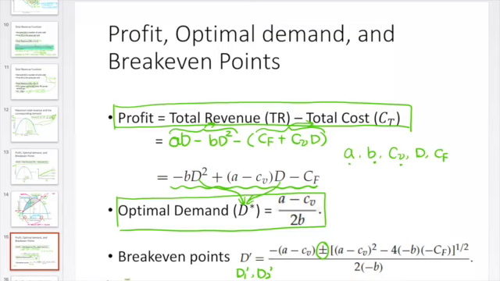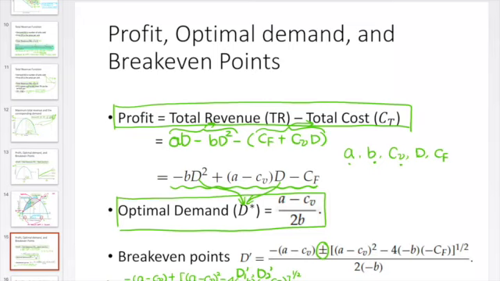So D1 prime is minus (A minus C_v) plus ((A minus C_v) squared minus 4 times minus B times minus C_F) to the power of 1 over 2.